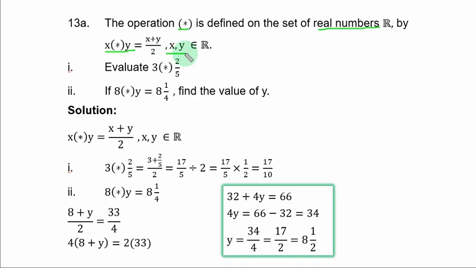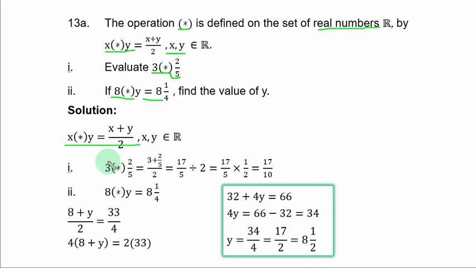Remember figure 1, evaluate 3 asterisk 2 over 5. Remember figure 2, if 8 asterisk y is equal to 8 whole number 1 over 4, find the value of y. Solution. This is the operation.